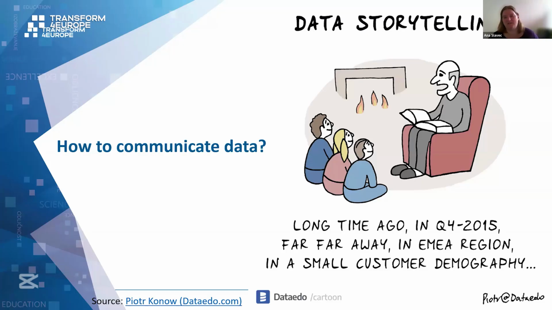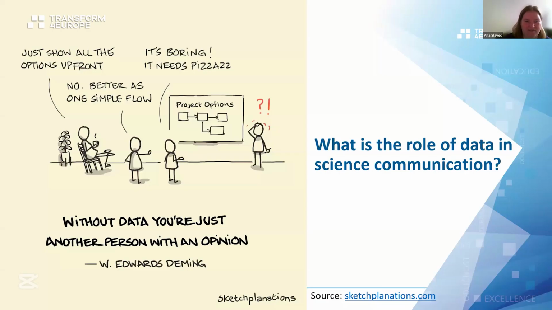A lot of times there is this advice, and I saw it also in the characteristics of effective science communication that we were listing, that we should make things simple and avoid details. So very specific data should be avoided in this storytelling format. But on the other hand, if we don't support our findings with data, then we are just a person with an opinion.